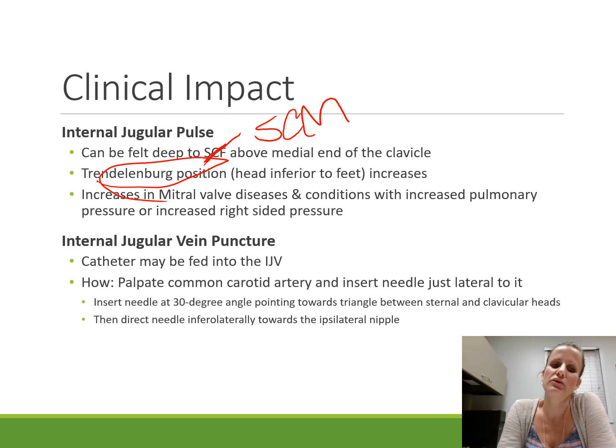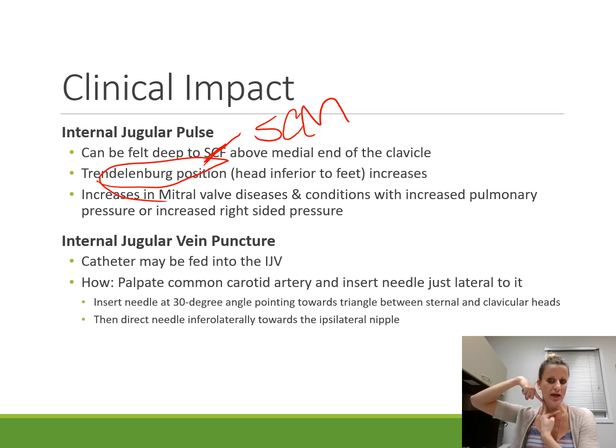The internal jugular vein can be punctured in order to insert a catheter. In order to do this, you palpate the common carotid artery, right? And then just lateral to that, you insert the needle. The needle is inserted at a 30-degree angle towards the apex of the triangle between the two sternal heads, right?